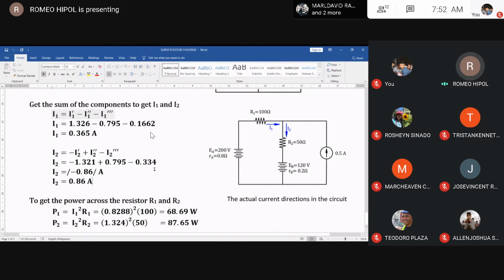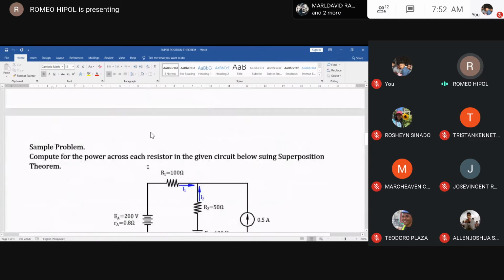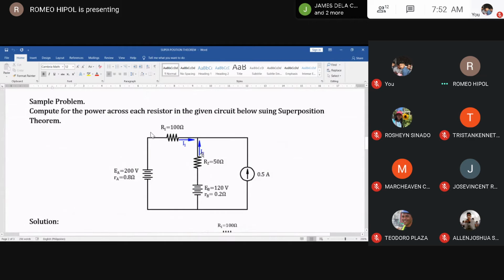So, meaning, initially we set an upward direction because by applying KCL, the summation of current entering a junction or a node is equal to the current leaving. Based on the initial assumption, notice that E sub A is directed towards the junction, the upper junction.